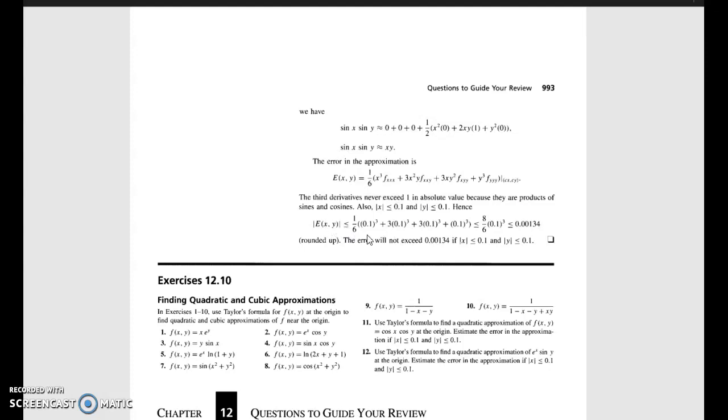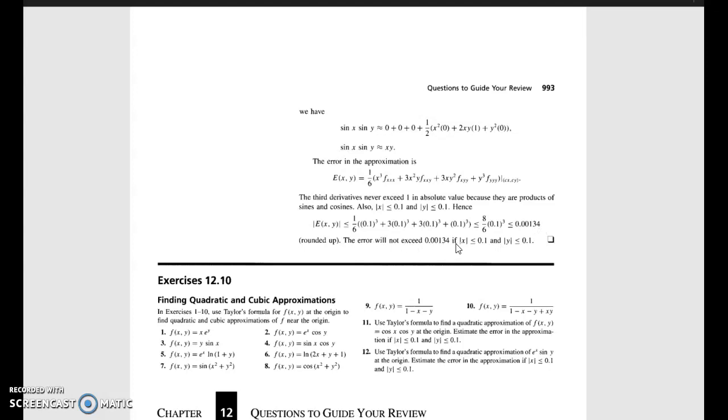Then taking the modulus on both sides, using mod (a plus b) less than or equal to mod a plus mod b, this is less than or equal to 1 by 6 into each one, which is 0.00134.